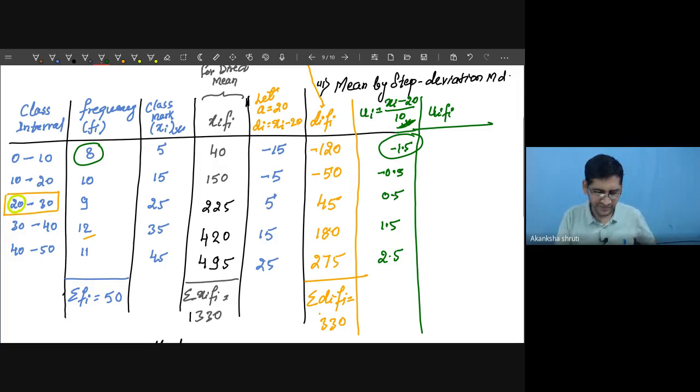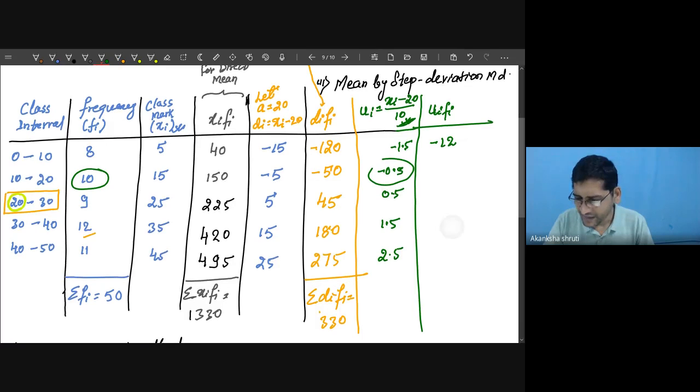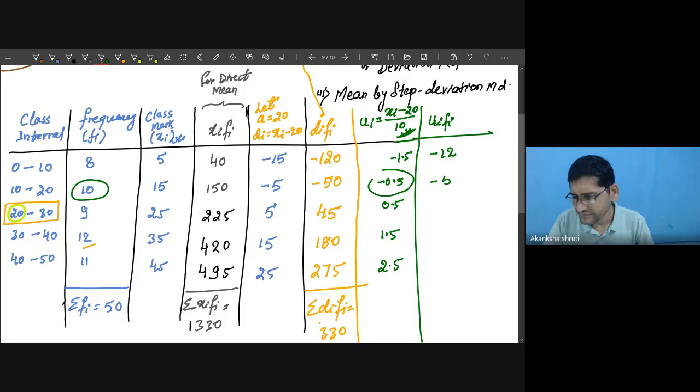What will you get? 8 into 1.5 is 12. But since the negative sign is there, minus 12. The next one, ui is this one and fi is 10. So minus 0.5 into 10 becomes minus 5.